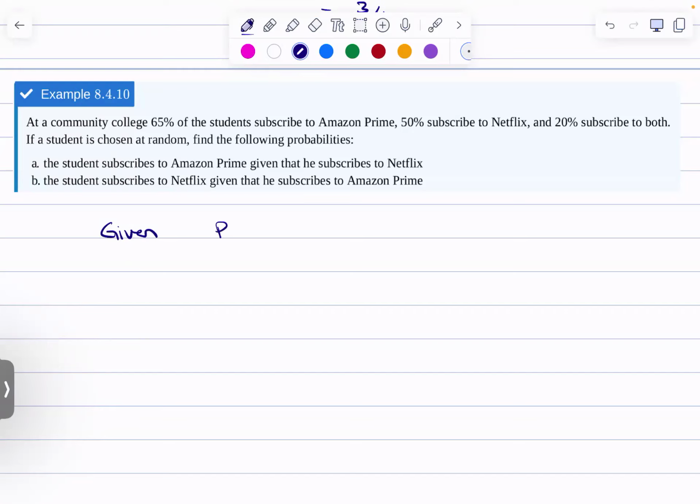And so here, notice in both, the given information does not change the first probability.